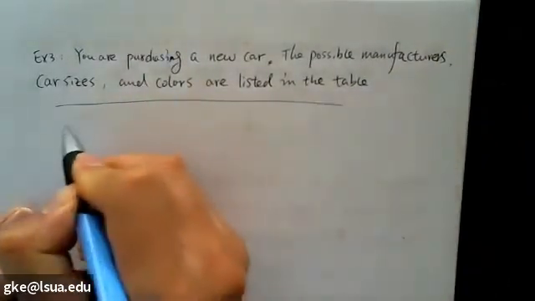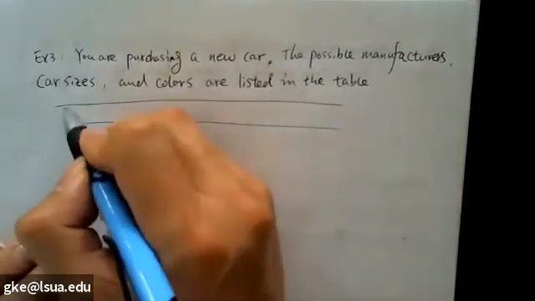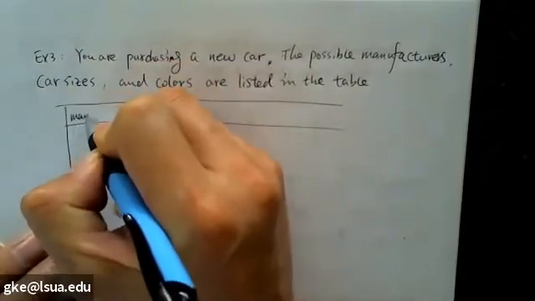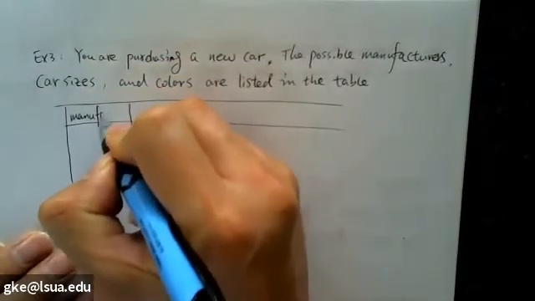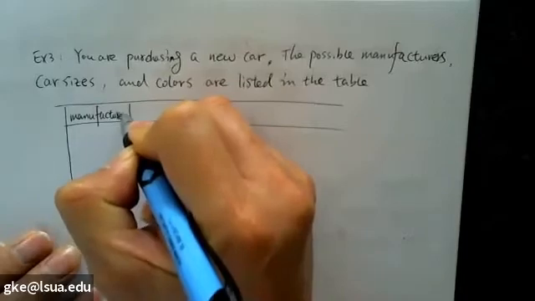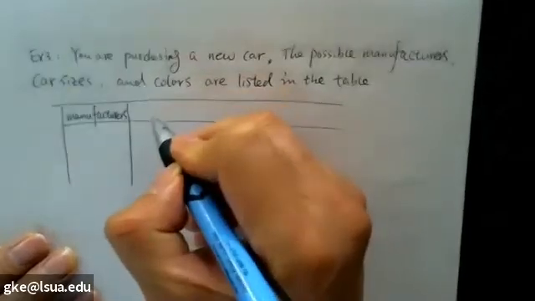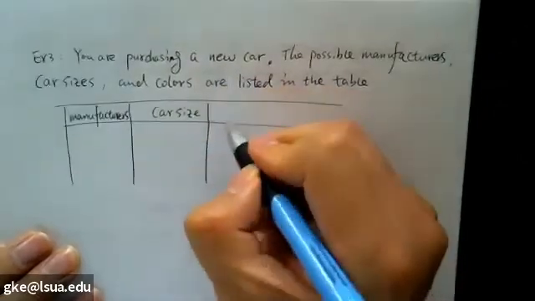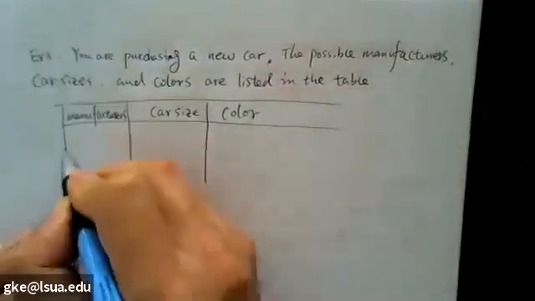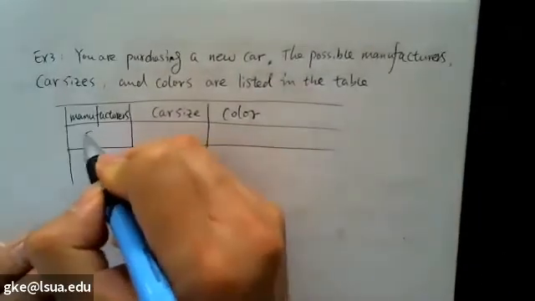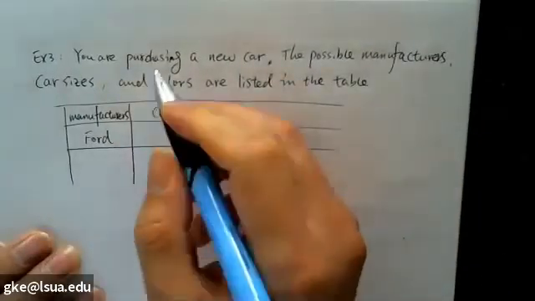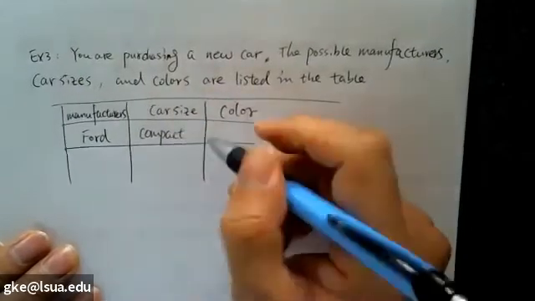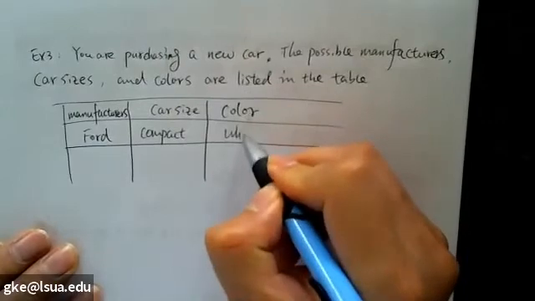Now let's take a look. Manufacturer, car size, color. The first one is Ford, compact, white.